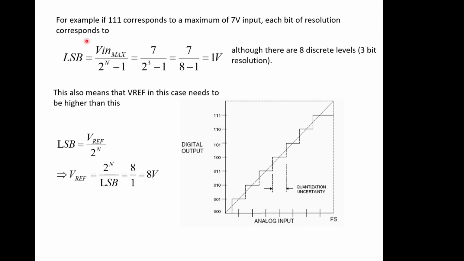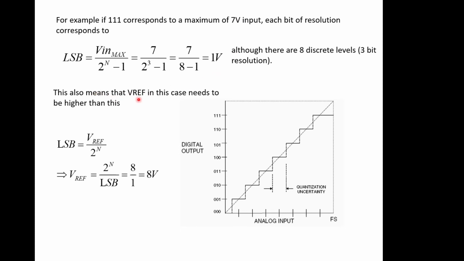Okay. So, for example, if 111 corresponds to a maximum of 7 volts of input, each bit of resolution corresponds to Vin max over (2^n minus 1), which, if you put the numbers in, brings you out at the LSB of 1 volt. Although there are 8 discrete levels for 3-bit resolution, 7 volts is the maximum you can put in, and 1 volt is the resolution that you can get out of it.